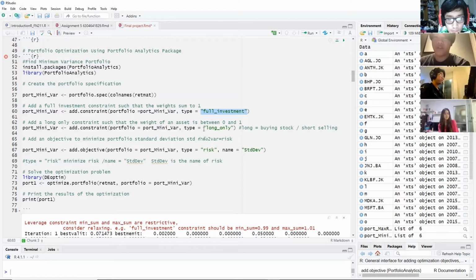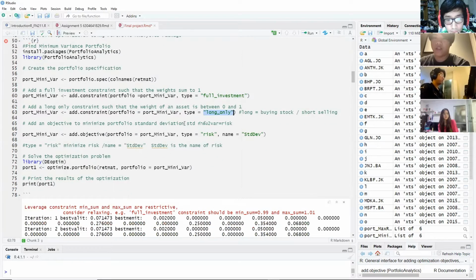In mathematical terms, we have 15 stocks, and the sum of all the investment ratios is equal to 1. Another one is long only, which is a long-term strategy. It is to sell and buy stock without borrowing money.